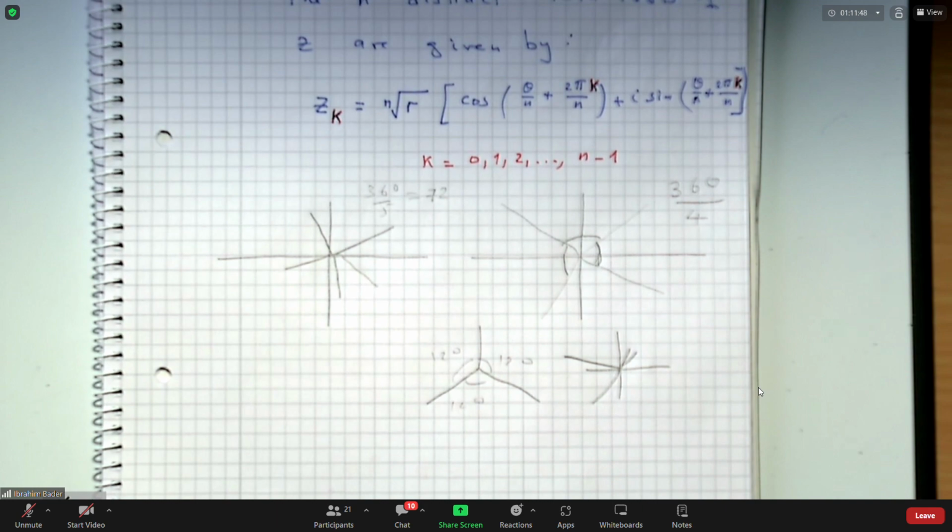Any questions before we go to our final example here? Okay, so from my side, there are two more things we will do. First thing, we will evaluate the roots of a complex number.